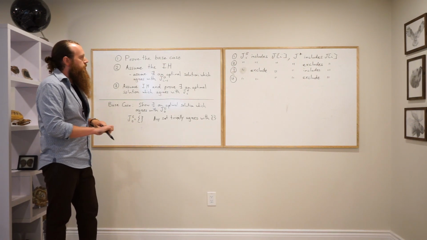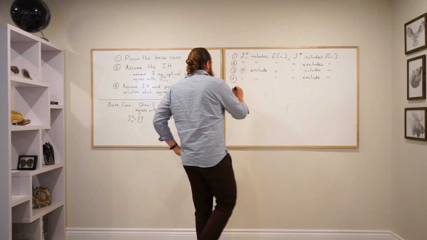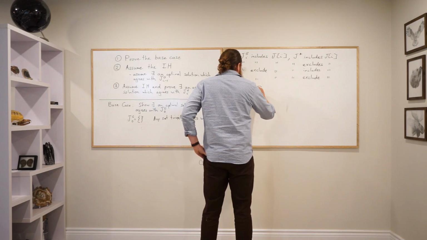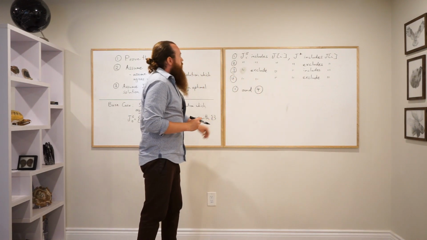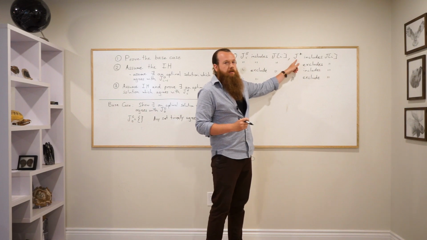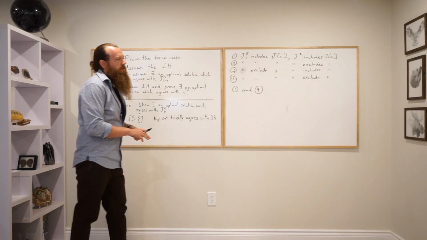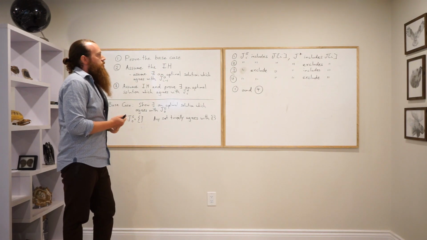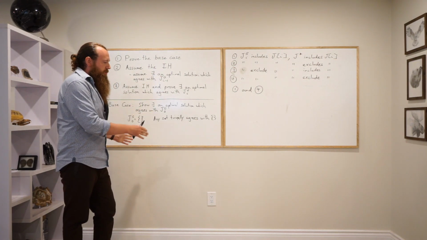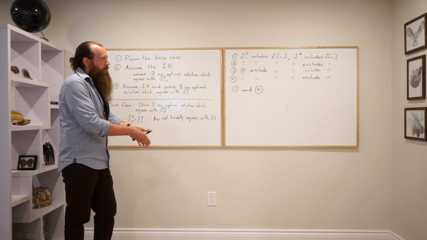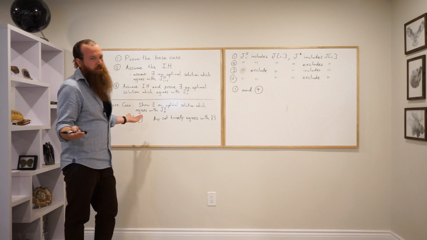And why is that? Well, look at 1 and 4. So we know that J star agrees with the first i minus 1 choices. How do we know that? Well, from the inductive hypothesis. That's what we're assuming. So if we know that it agrees with the first i minus 1 choices, and we show that it agrees with the ith choice, that means it agrees with the first i choices.